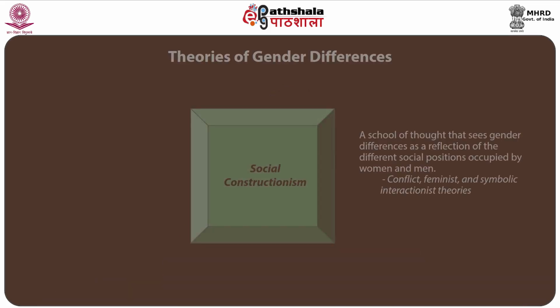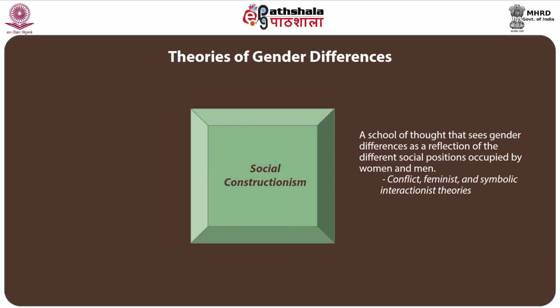And based on their functional differences and physiological advantage of male, the male got more power compared to female. But this was rejected by social constructionism, a school of thought that sees gender differences as a reflection of gender social positions occupied by women and men.